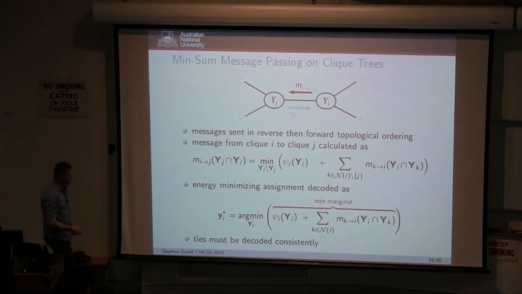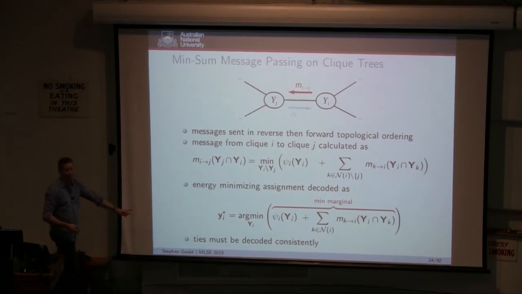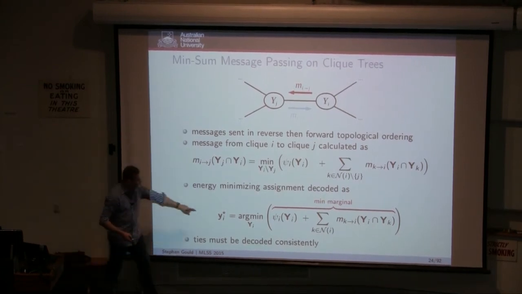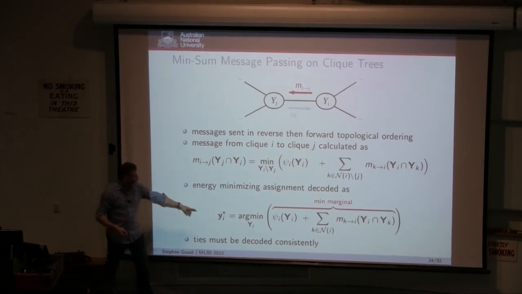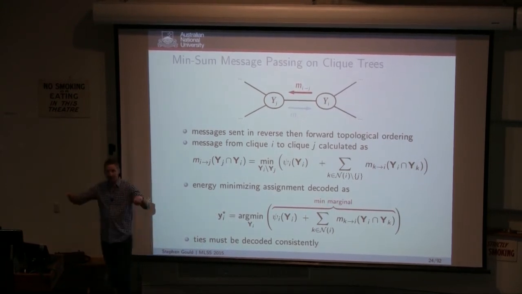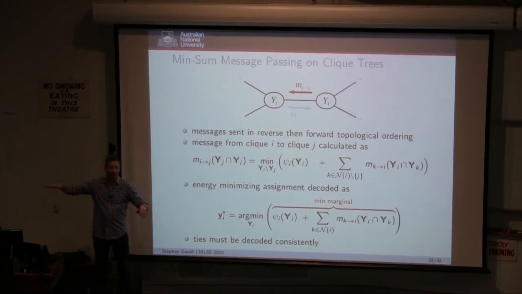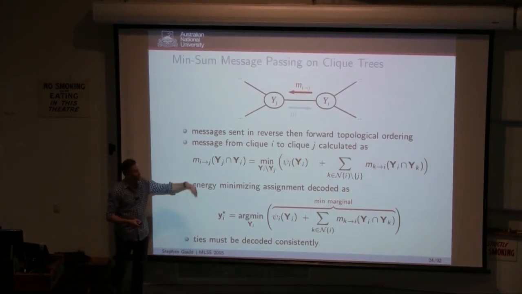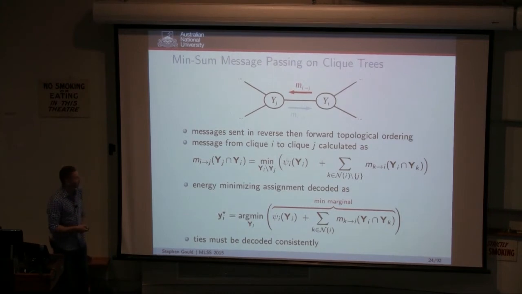Okay? And the only thing you need to be careful about is that ties need to be decoded consistently. So if you have 2 possible values for yi, which are both minimizing values, then you need to decode those consistently with your neighbors. And you can do that easily by just propagating that value backwards through your tree in the same way we did it in the chain. Okay.